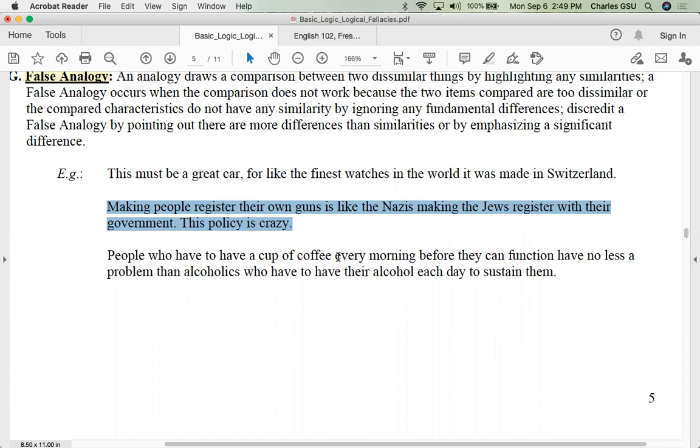They're saying, though, that it's like making Jews register for their government, which, if you recall World War II, of course, the Nazis required Jews, people of color, homosexuals to register with the government. So they knew where they were the entire time and could track them down and kill them. That is not the same kind of analogy, because on the one hand, you don't have to own a gun.